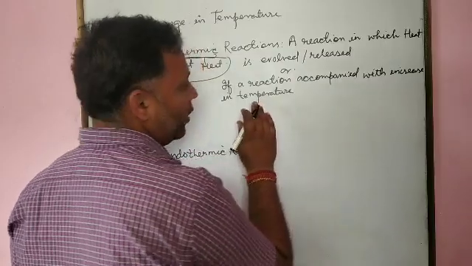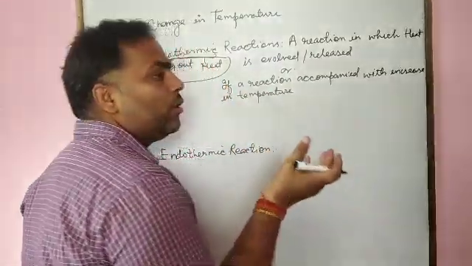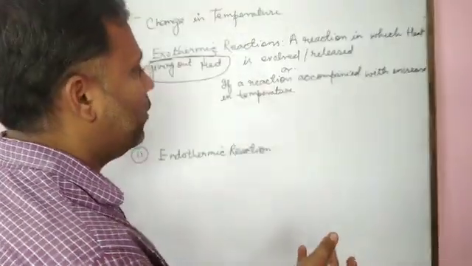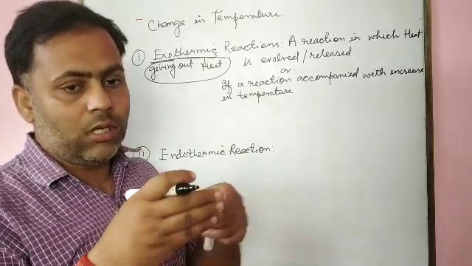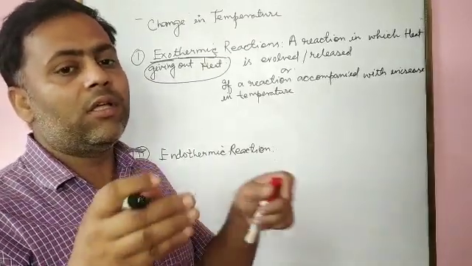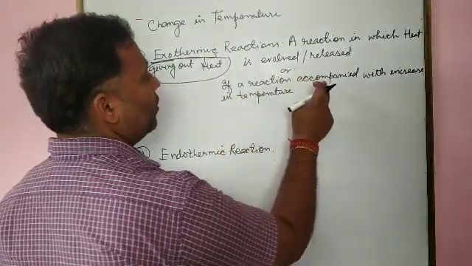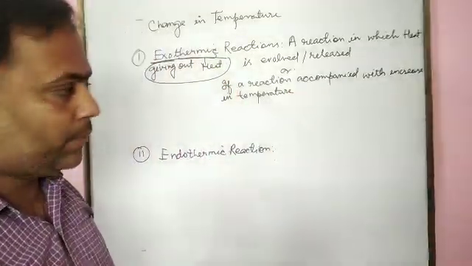It means when a reaction progresses, then there will be an increase in the temperature of the container. Why is there an increase in temperature? Because when the reaction proceeds, heat is evolved, and when heat is evolved, then the temperature is increased. If a reaction is accompanied with an increase in temperature, it is termed as an exothermic reaction.